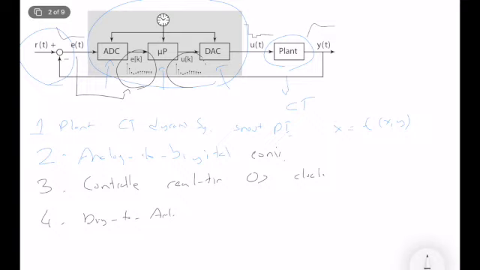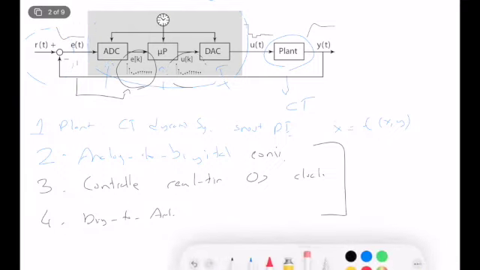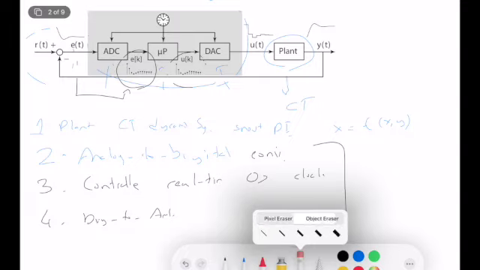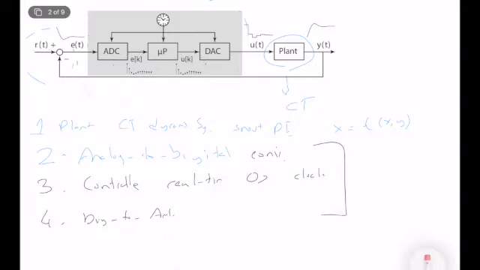The most critical thing in this course is we assume that this whole digital block runs under a real-time operating system, and the ADC, microcontroller, and DAC blocks are synchronous with a real-time clock.